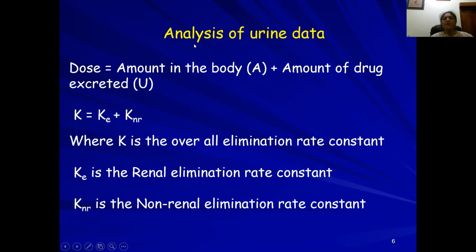Now coming to the analysis of the urine data, the dose administered is equal to amount of drug in the body, that is A, plus the amount of drug excreted, that is U. And K is equal to KE plus KNR, where K is the overall elimination rate constant, KE is the renal elimination rate constant, and KNR is the non-renal elimination rate constant.